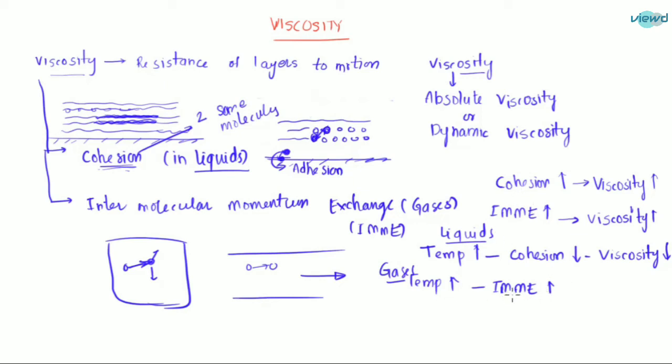So as the kinetic energy increases, that means intermolecular momentum exchange is increasing, so viscosity increases. This dynamic viscosity is represented with mu. And for liquids, as temperature increases, viscosity decreases.